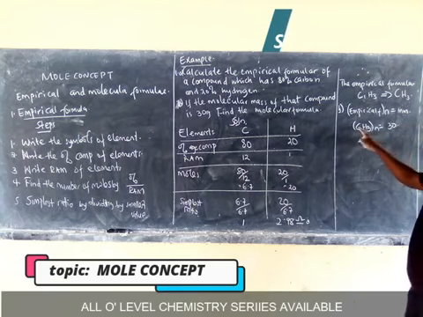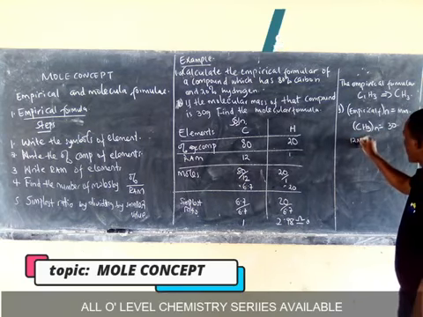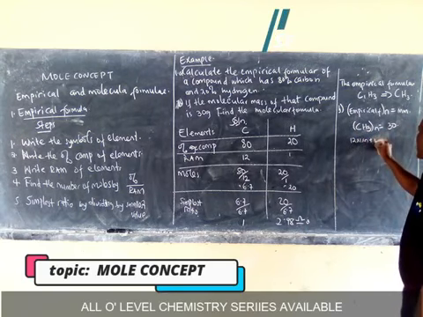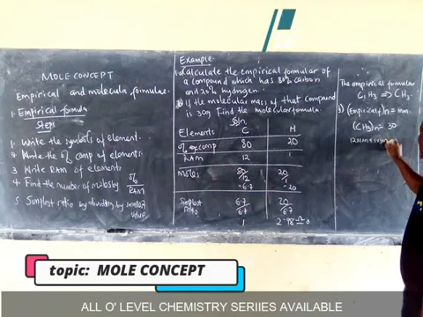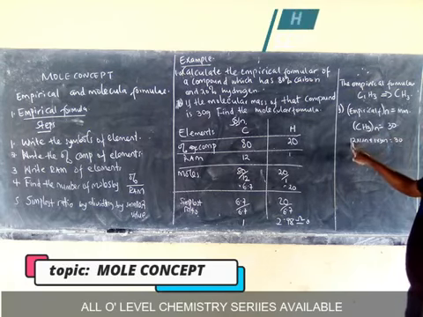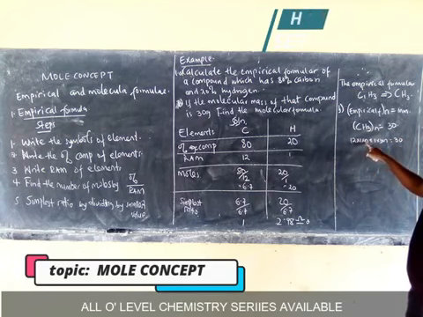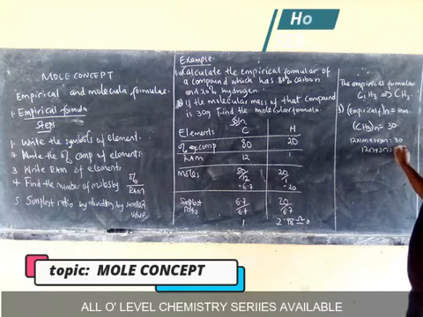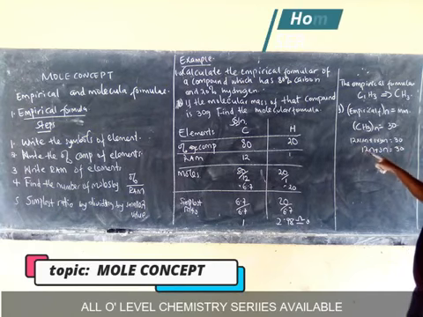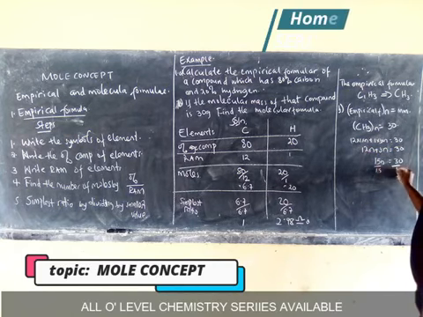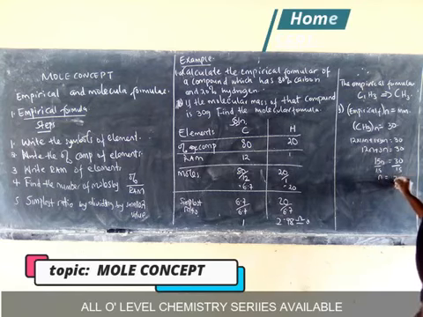Then when we multiply, carbon is 12 times 1 times N plus hydrogen is 1 times 3 times N, equal to 30. This is 12N plus 3N is equal to 30. So 12N plus 3N, that is 15N, is equal to 30. Then you divide by 15, we get our N is equal to 2.